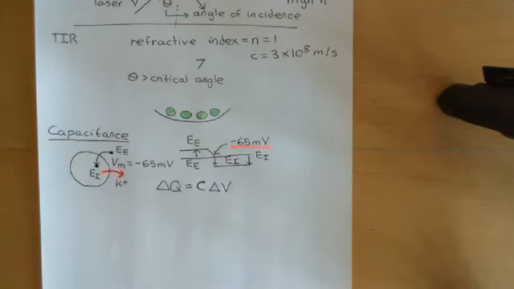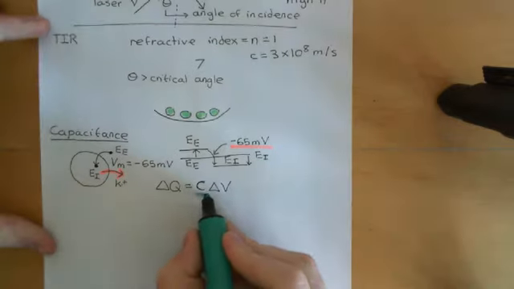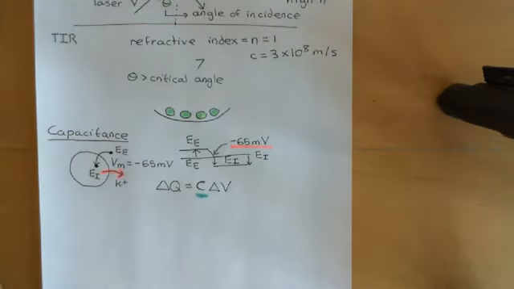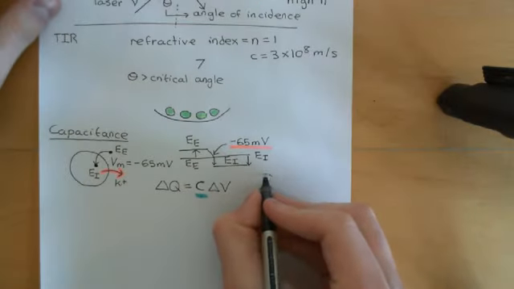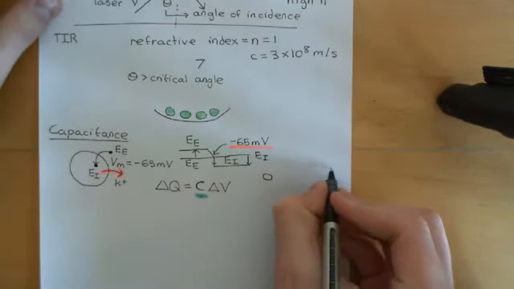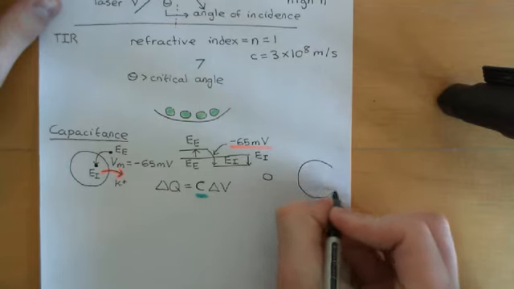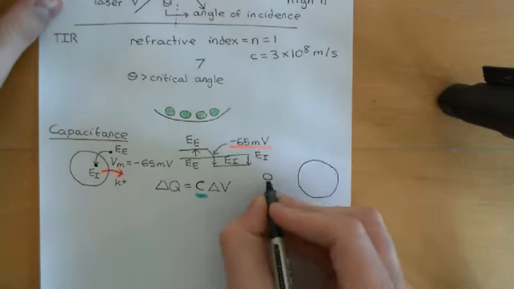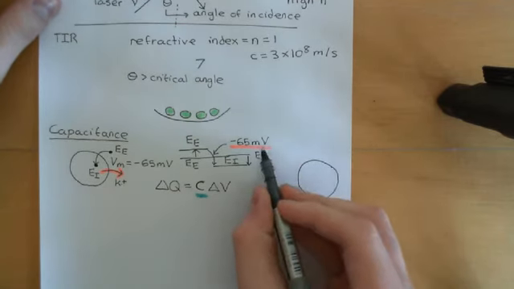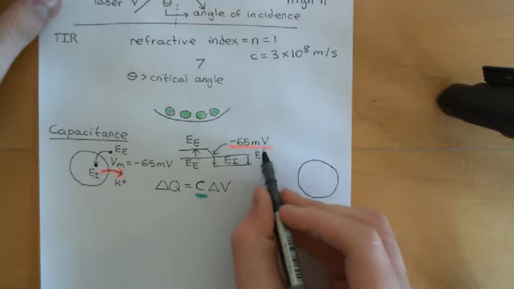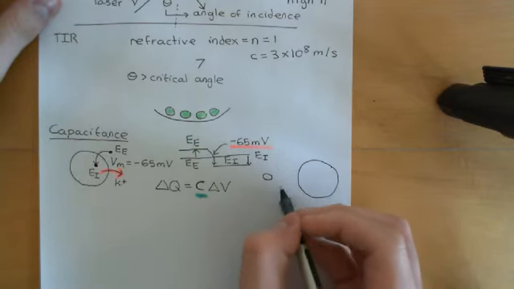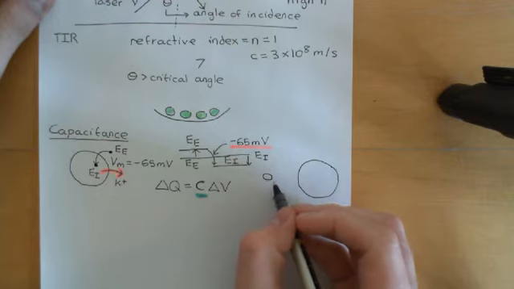So what does capacitance actually depend on? Well, let me give you some motivation for this. If we have a tiny little cell here and a massive great cell here, and we want to produce the same electrical potential difference across their cell membranes of negative 65 millivolts, which one do you think you're going to have to move more charge across?